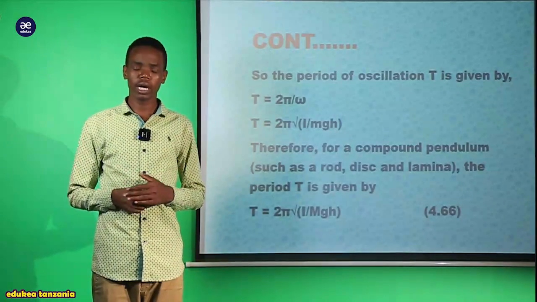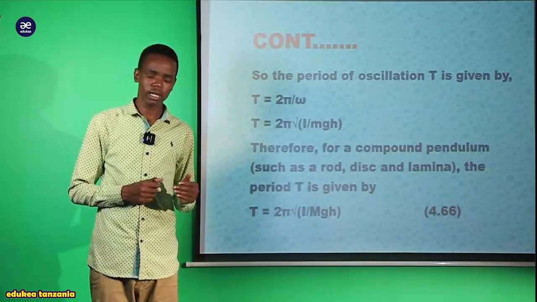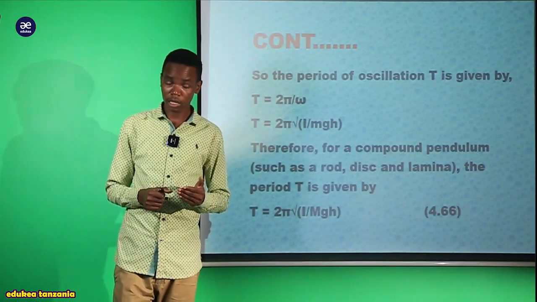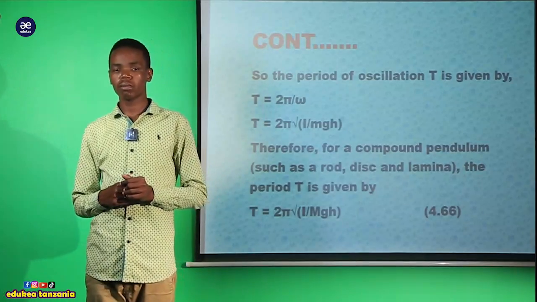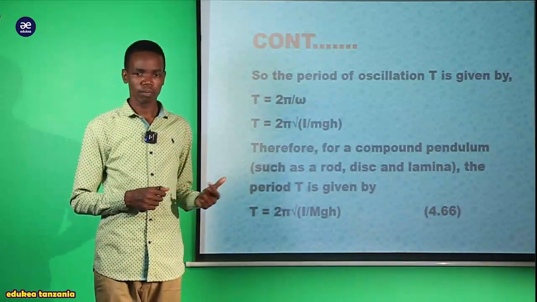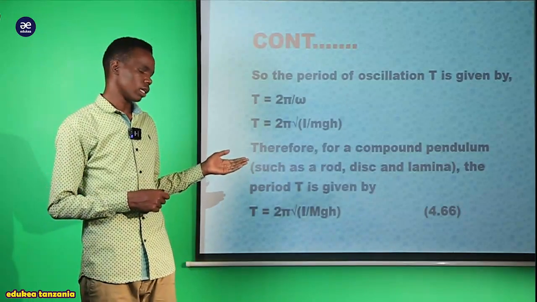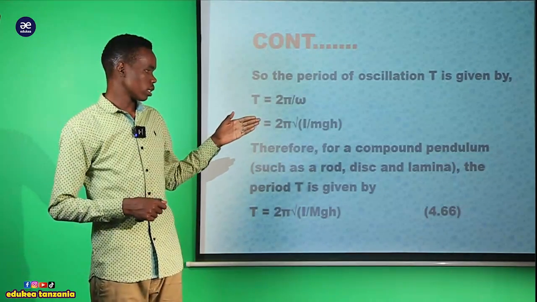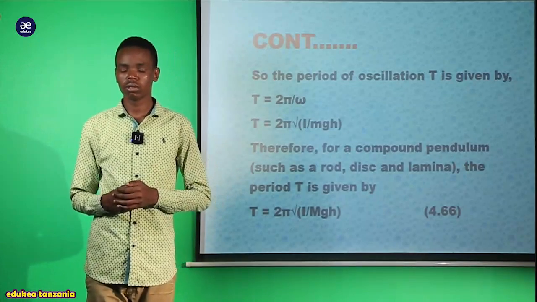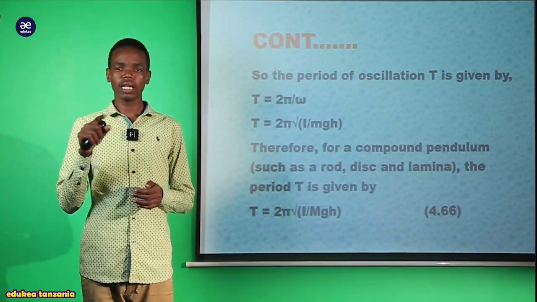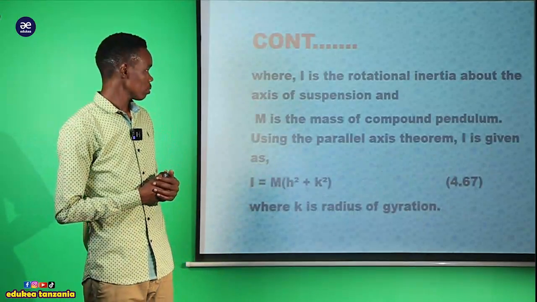So if you are asked to identify the formula for obtaining the period of oscillation for the compound pendulum like this rod, this lamina, and also this disc, it could be given as T equals 2 pi times the radical of I divided by mgh.